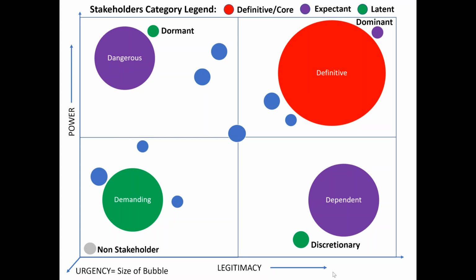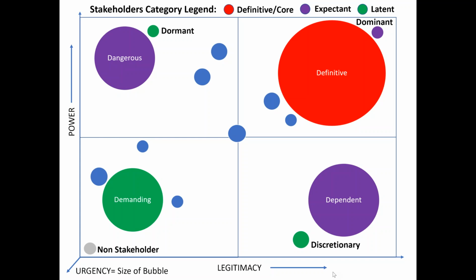In the third quadrant, dependent. This dependent is high urgency, high legitimacy, low power. So this bubble is big, and this is in the third quadrant. And discretionary is low on power, high on legitimacy, and low on urgency.